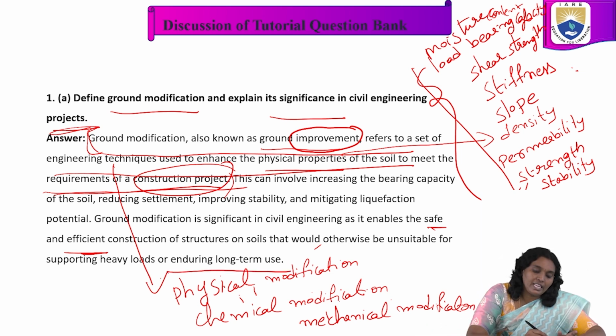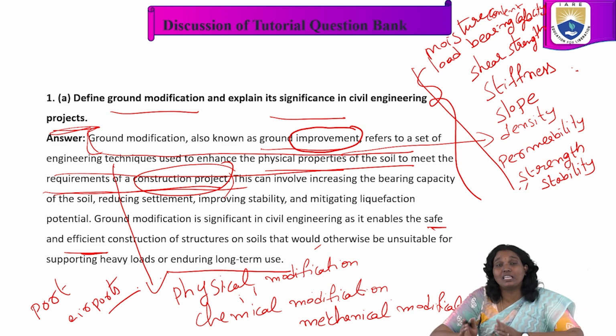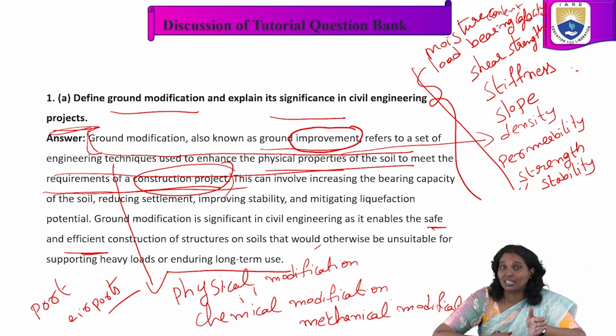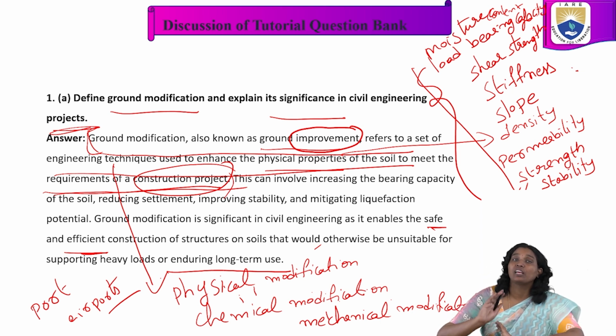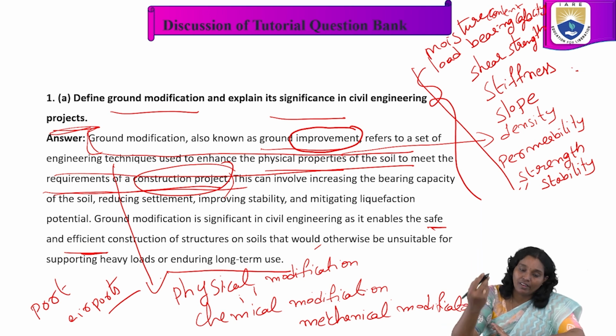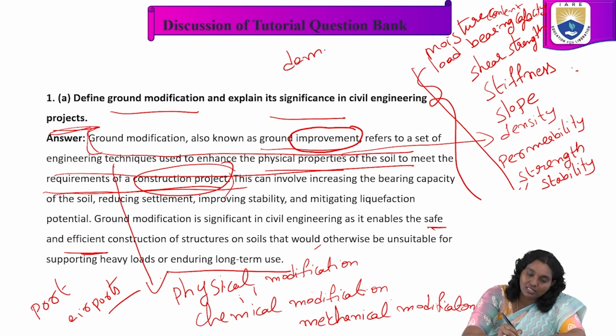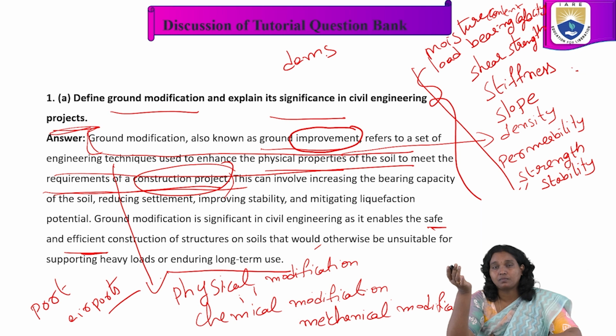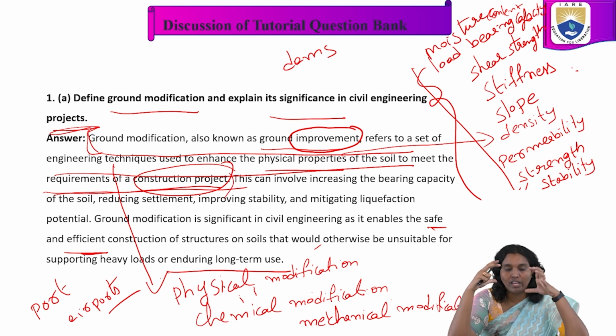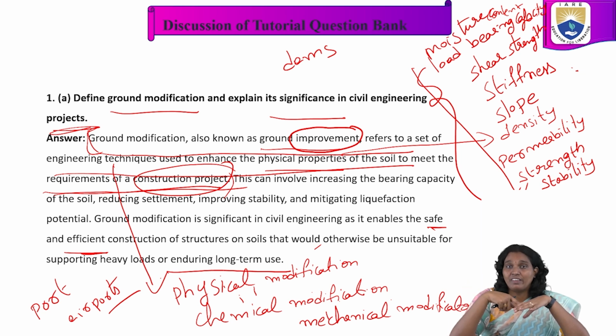For example, any sort of port or airport, any kind of tunneling work we are going to do, the soil properties are not suitable for such construction, even though the construction must be done. For example, dams, reservoirs, so many are there. We have to construct there only, but the soil properties are not suitable for these conditions.